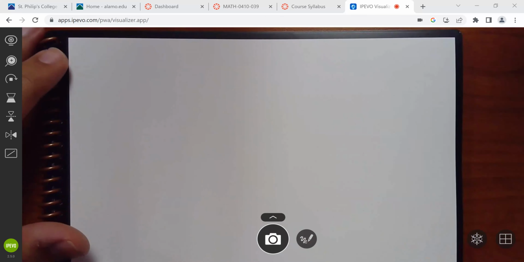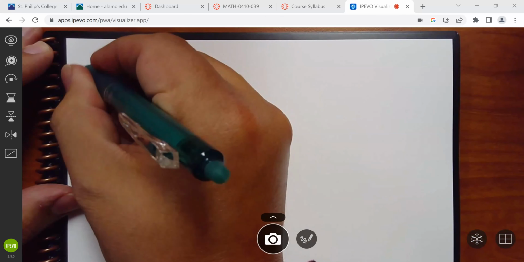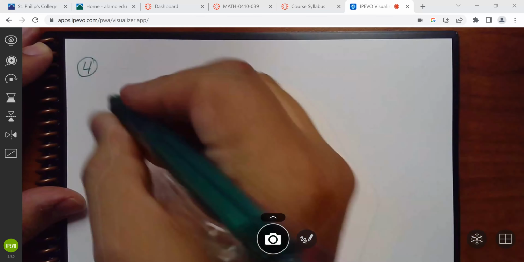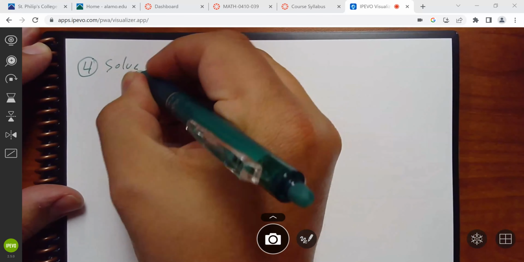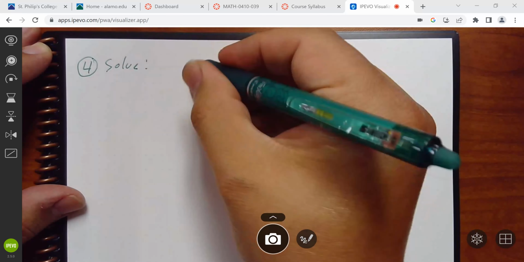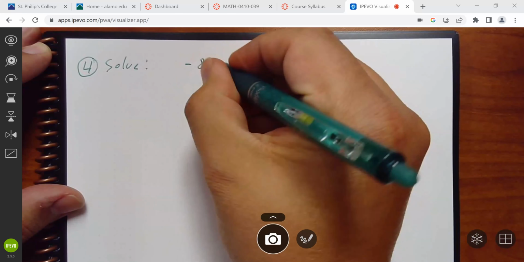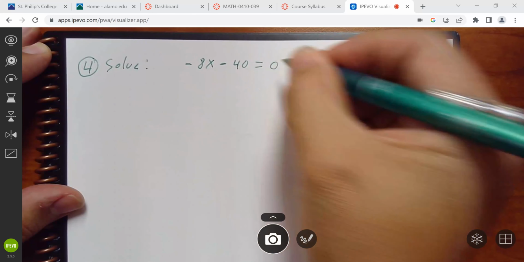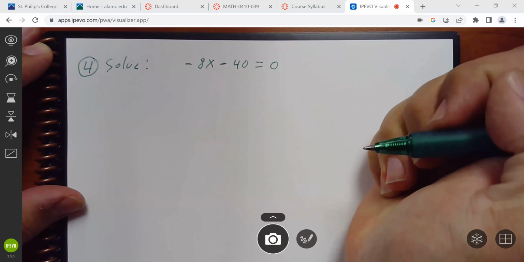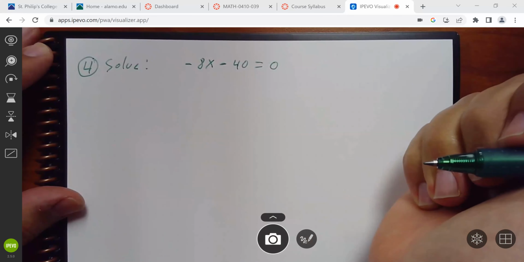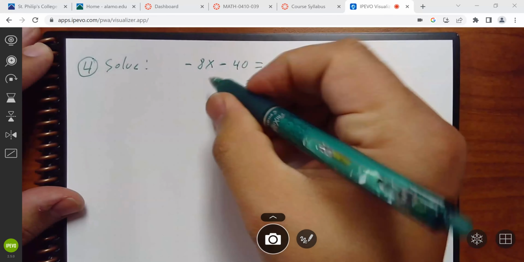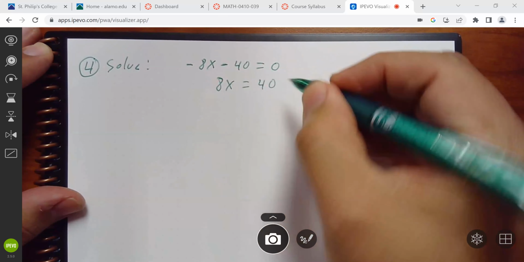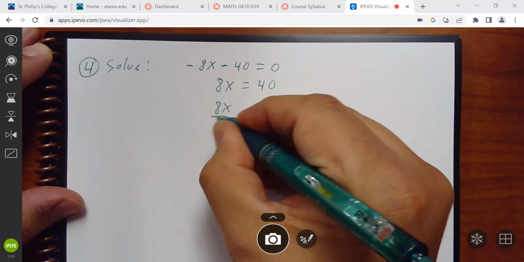What did you guys do on number 4? Seems easy. You add the 40 over, and then you just divide by 8.